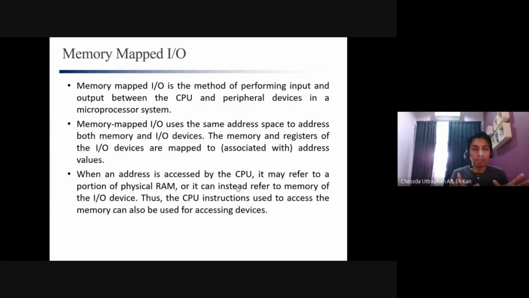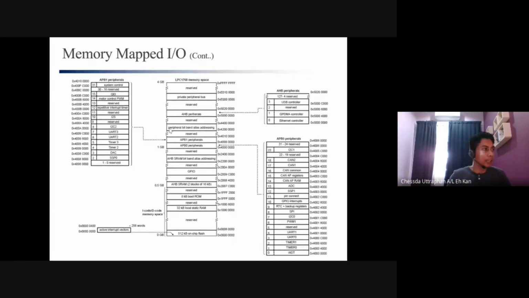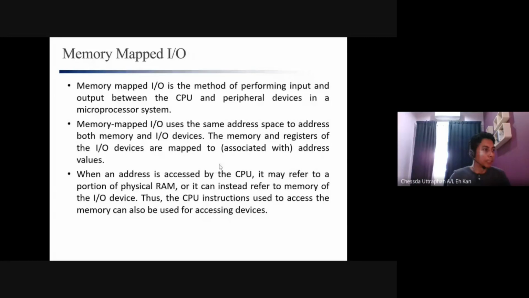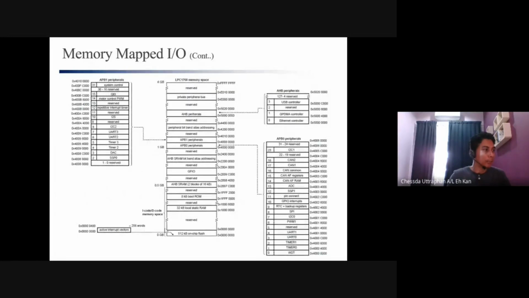So actually ARM, or any other microprocessor or microcontroller, they have divided that memory space into many different parts. So, for example, in this case, the LPC1768, this is the memory location that we have, 4 GB, starting from address 0 until 4 gig. Okay, so it's divided into many parts.